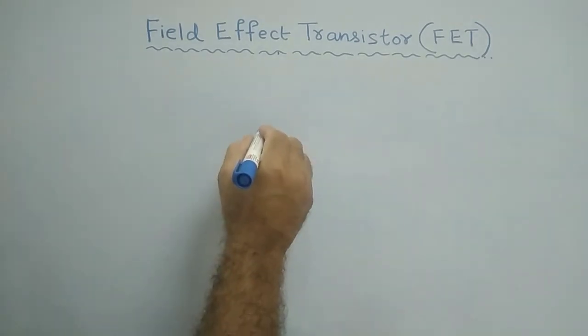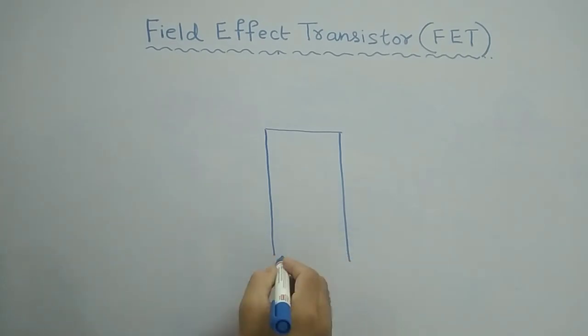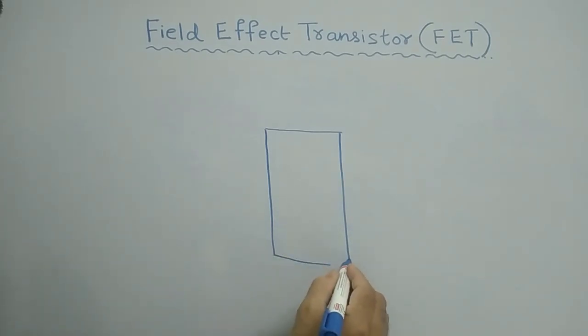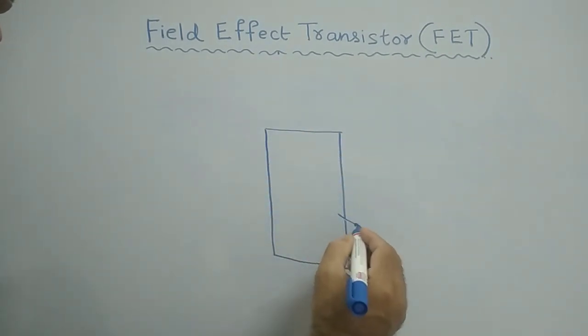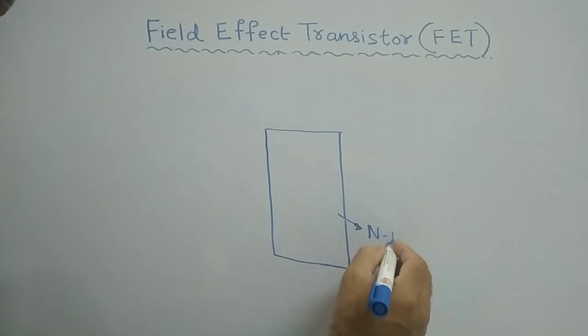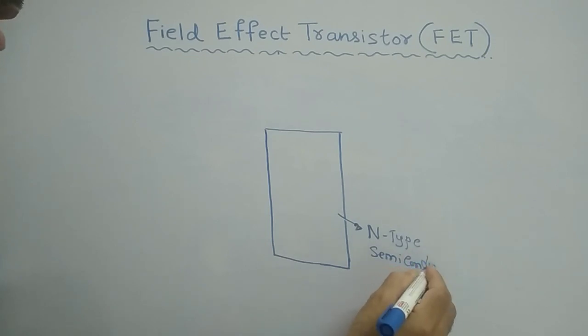Basically, it is a semiconductor bar, a piece of n type silicon, n type material will be taken first. It is an n type semiconductor bar actually.